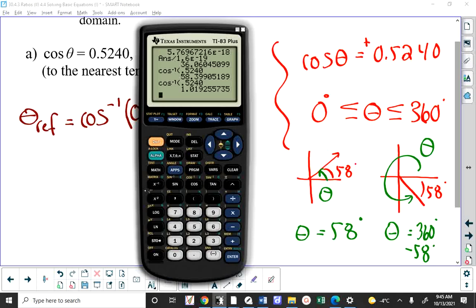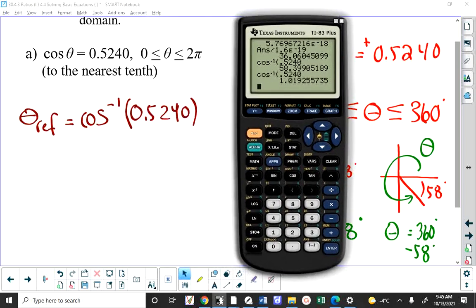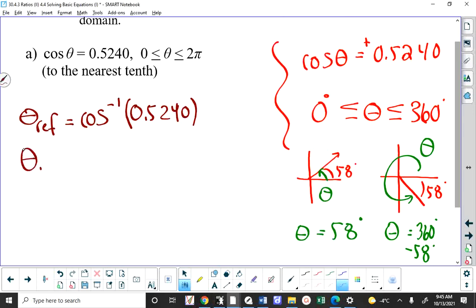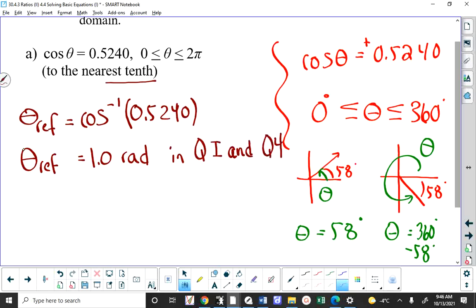So what you would do here is you would say the reference angle is 1.0 radians. We're just going to round it to 1.0 because it says to the nearest tenth. And this will be in quadrant 1 and quadrant 4. Why is it in quadrant 1 and quadrant 4? Because cosine is positive, and those are the 2 quadrants in which cosine is positive, because that's where x is positive.